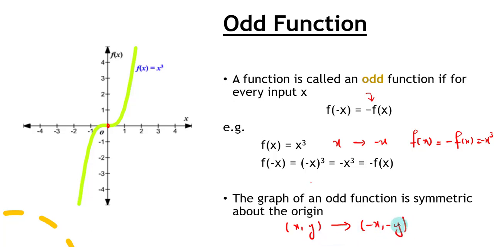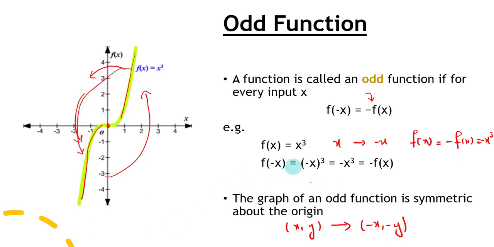In other terms, you have to perform the reflection along the x-axis and along the y-axis both. If you have this line, you first reflect it along the y-axis and then reflect it along the x-axis. So this line will come here and this line will go there.